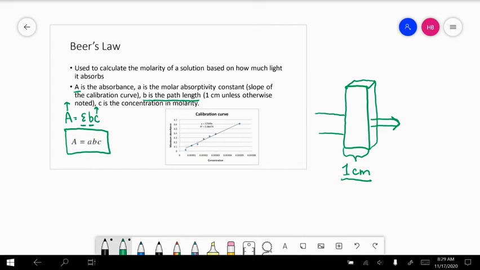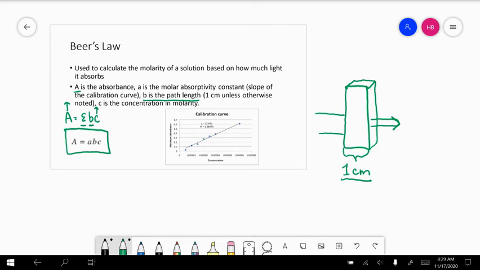That's a constant, therefore it is usually going to be given to you, or you would use a blank to calculate it in the lab situation. It is individual to the substance that you are working with, so the calibration curve or the absorptivity constant will be individual to a particular substance.